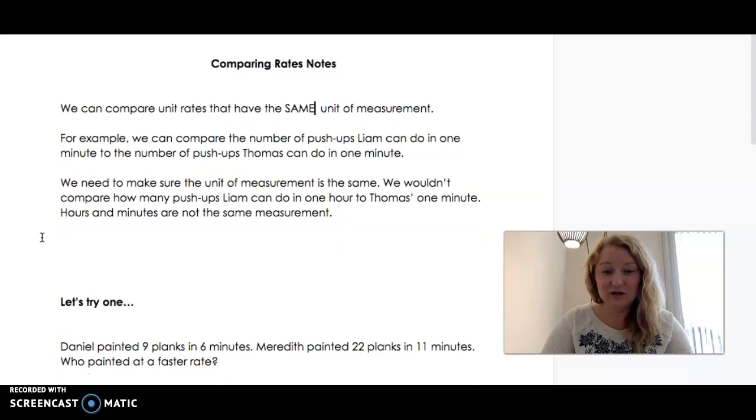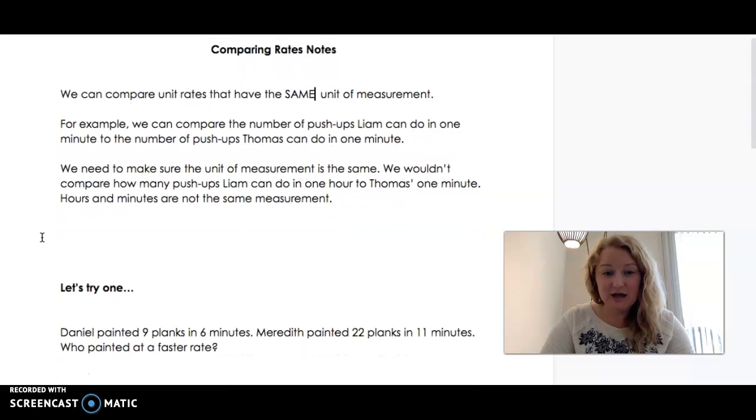So let's take a look at one over here. This practice problem says Daniel painted 9 planks in 6 minutes and Meredith painted 22 planks in 11 minutes. Who painted at a faster rate?